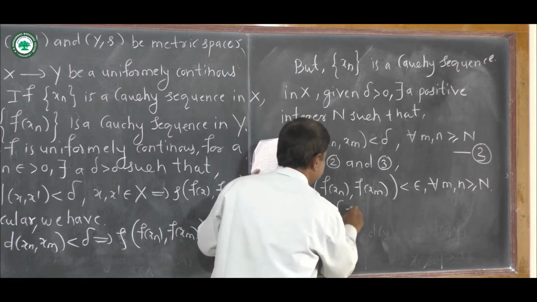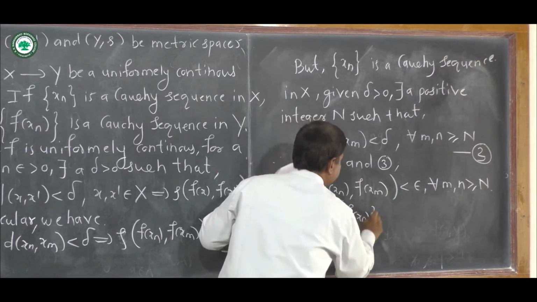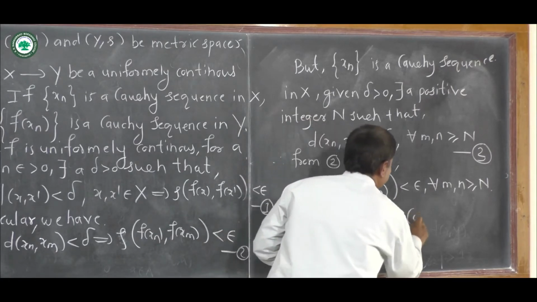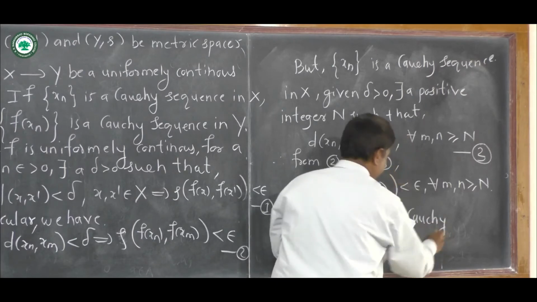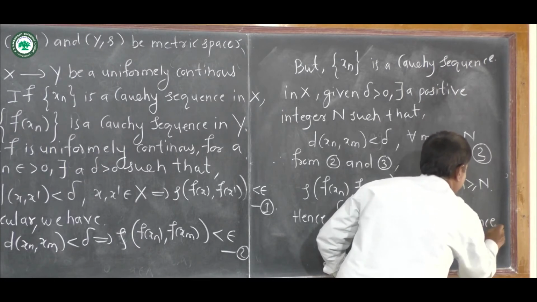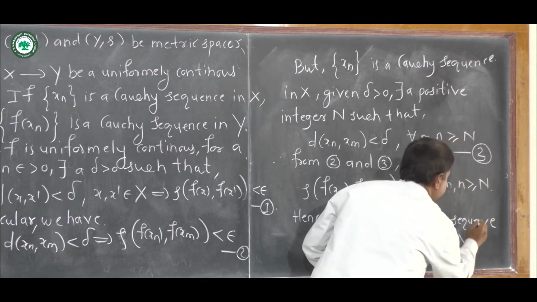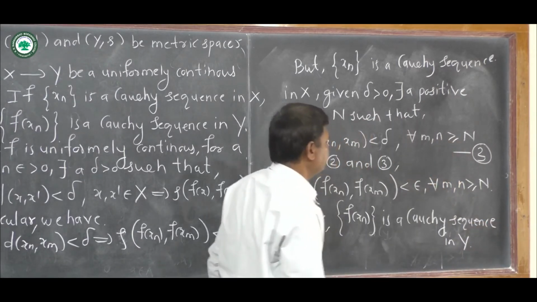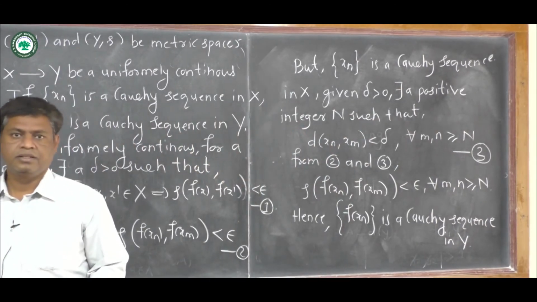Hence, f of xn is a Cauchy sequence in Y. Thank you, students.